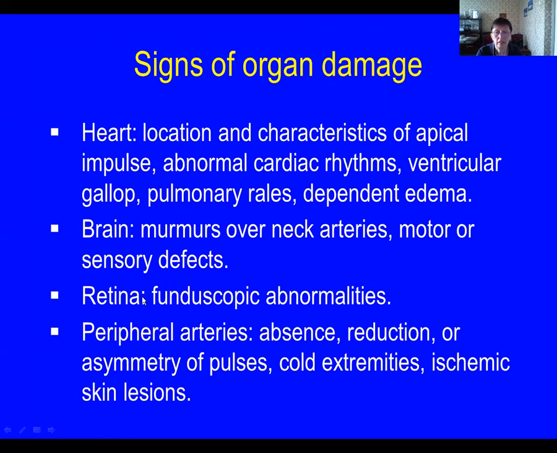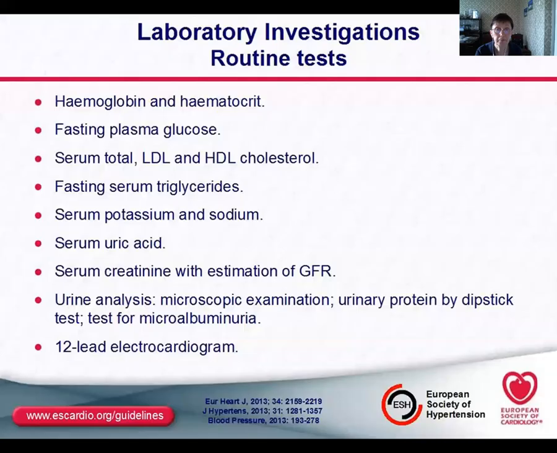Then we can see fundoscopic abnormalities due to hypertension. And in case of affection of peripheral arteries, we can find absence, reduction, or asymmetry of pulses on hands or legs, cold extremities, and ischemic skin lesions. This is the list of routine laboratory tests that should be done for each patient with high blood pressure.